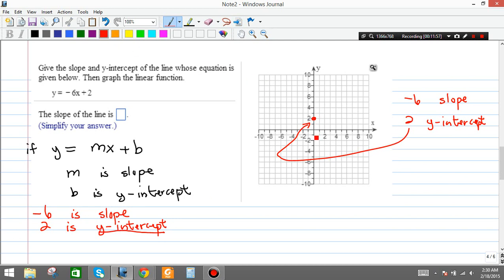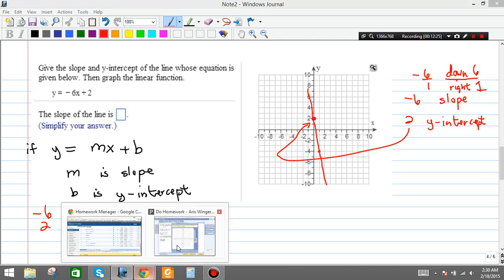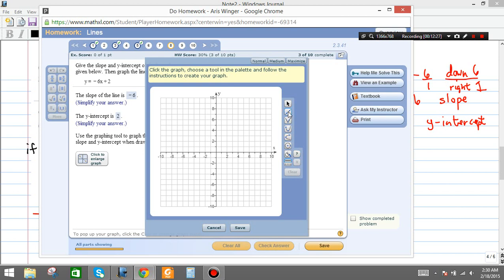So it's that line. And again, because the slope is rise over run, this is -6 over 1. Go down 6 over 1. We'll put that in. So go to, click on the line button. 2, and then down 6 over 1. That's it.